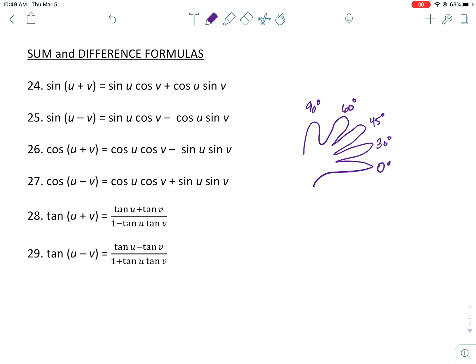Now, I like teaching you guys the hand trick with radians just because it's harder to remember with radians. Once you get to degrees, if you just think about the way the quadrants work, the way we normally label these, it makes sense that 0 degrees is pointing to the right, 90 degrees is pointing up, and then the others kind of go in order.